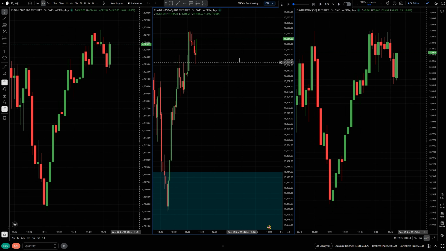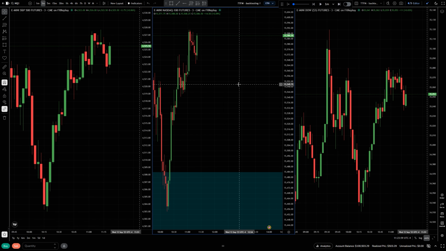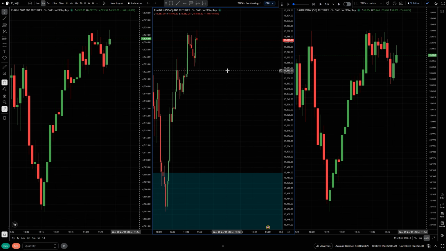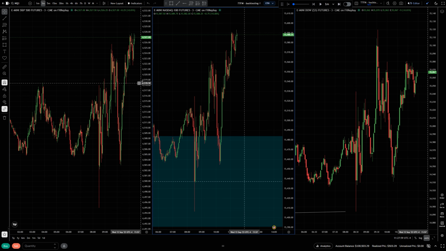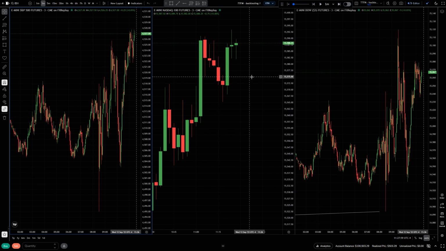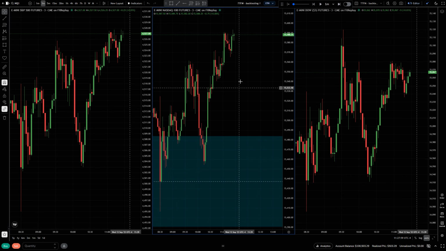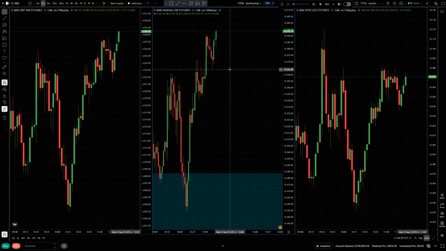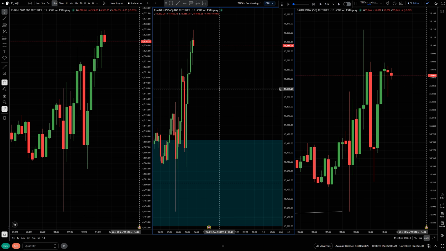It's the thing about longing at the highest point of day. NQ looks like the best asset to trade, with it having the most bullish momentum. I want to see a 15-minute setup, otherwise I'm not getting into this.